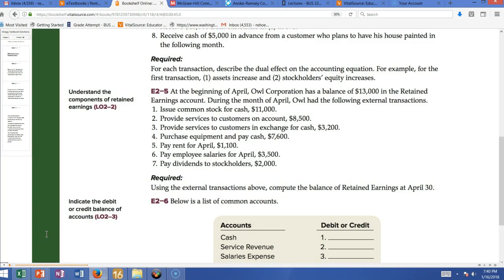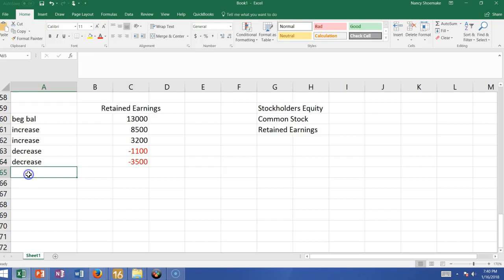Number 7, pay dividends to stockholders, $2,000. Cash decreases, but our retained earnings decreases $2,000. So, what would our ending balance be here?